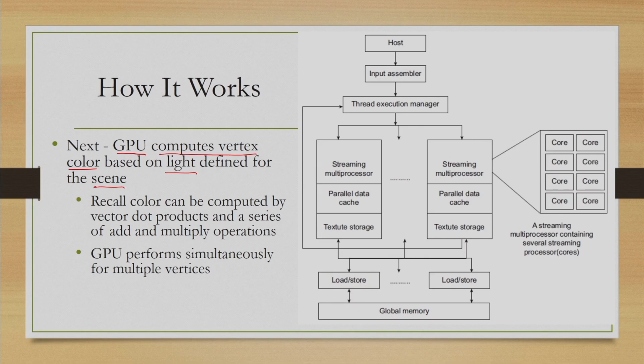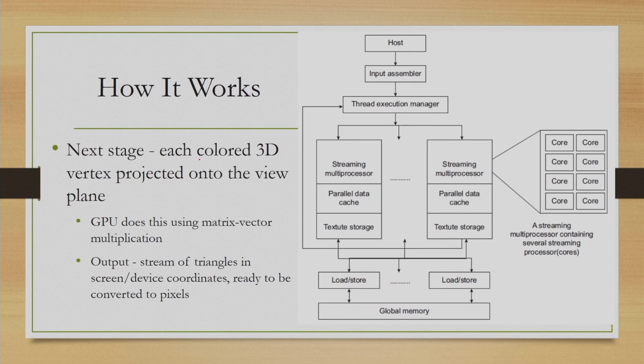Because if you may recollect our discussion on lighting, we have noted that coloring can be computed by vector dot products and a series of addition and multiplication operations. And these operations are performed simultaneously for multiple vertices by the GPU because it is designed in that way. So, again here we are exploiting the inherent nature of graphics operations, that is parallelism.